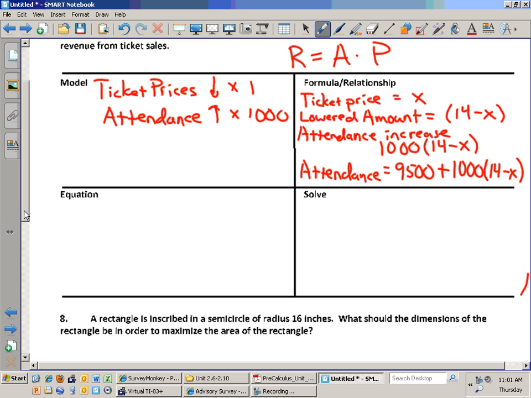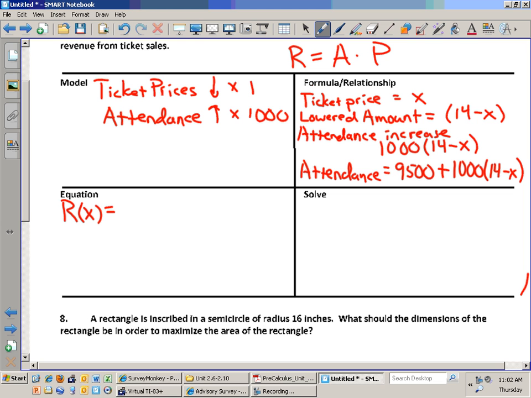I have enough information. We're trying to calculate maximum revenue. What should be the name of my function? R of, what's my variable going to be? X. So the revenue in terms of ticket price, X represents ticket price, is equal to A times P. What's P?